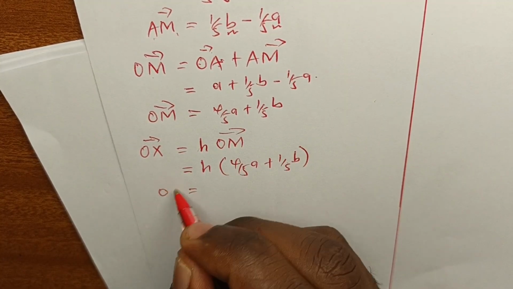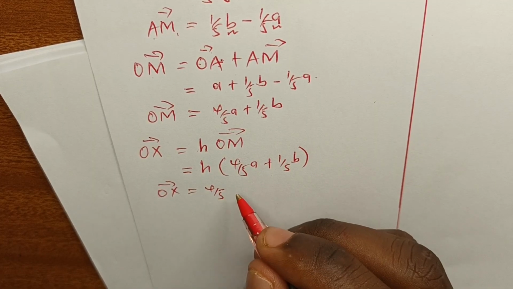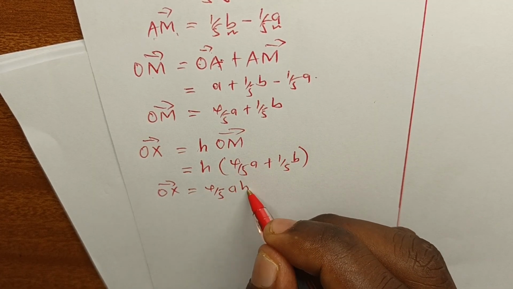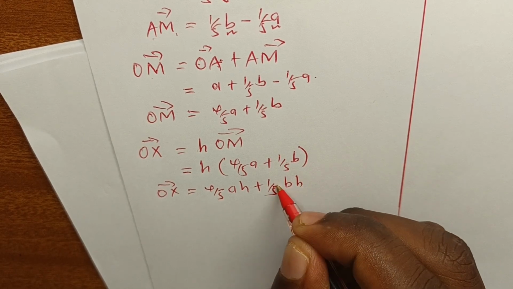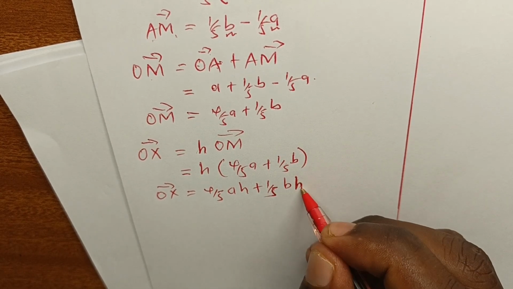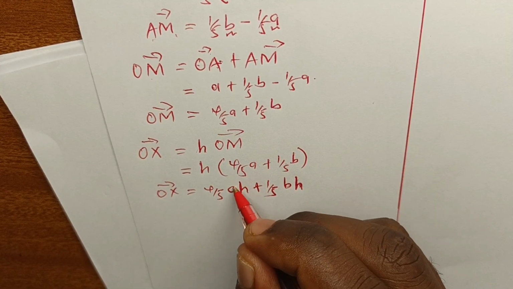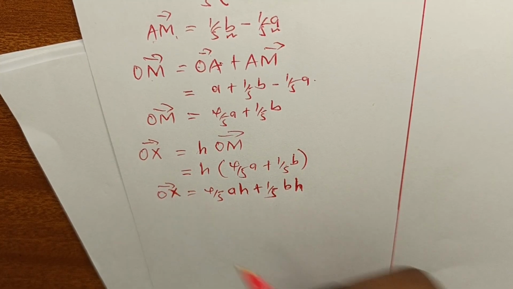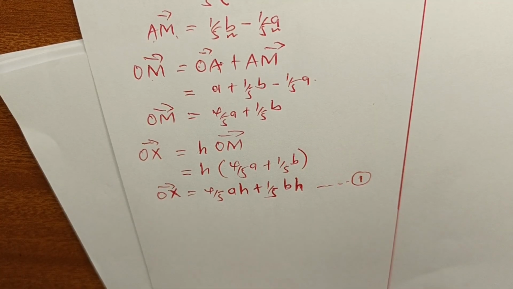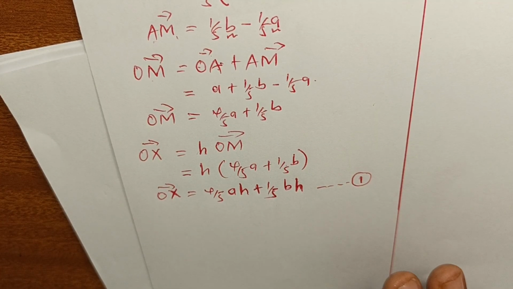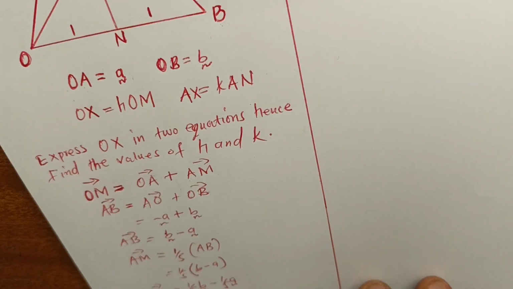Now OX will be equal to 4/5 ah plus 1/5 bh. That is my first equation of OX. Now I'll move to the second equation of OX.